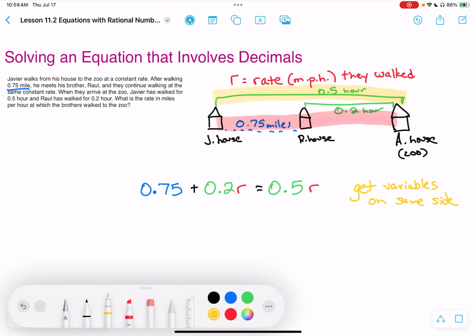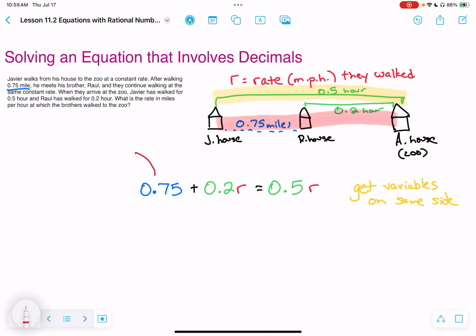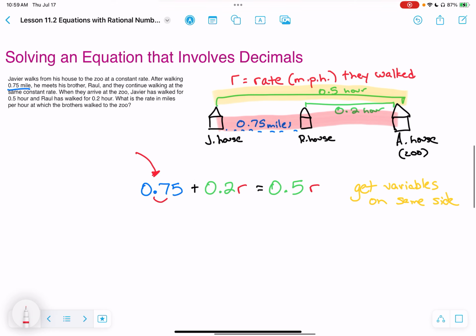What I notice is that the decimal that needs to be moved the farthest is this one with the 0.75. If I moved this decimal over two times, that 0.75 would turn into a 75. If I moved these decimals over two times, they would clearly be whole numbers. So I need to move all of these decimals over two times.